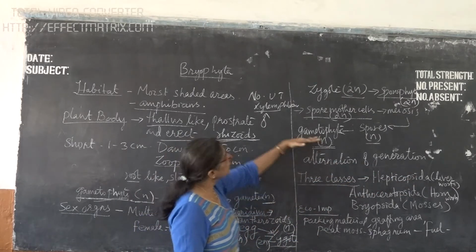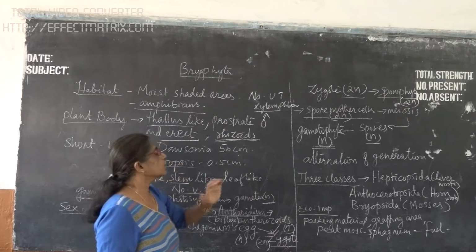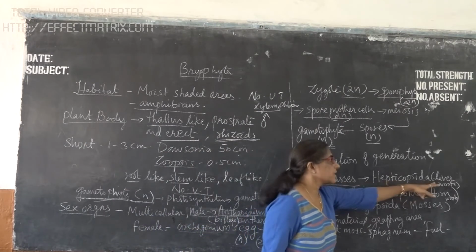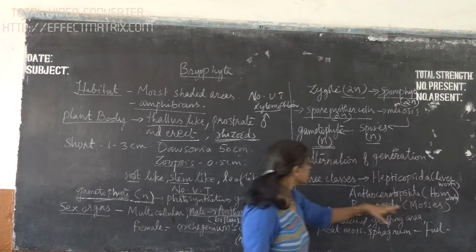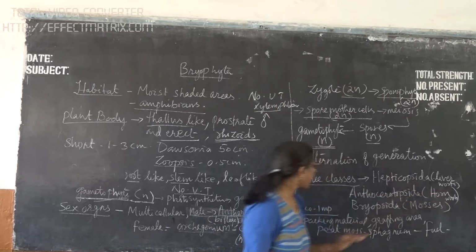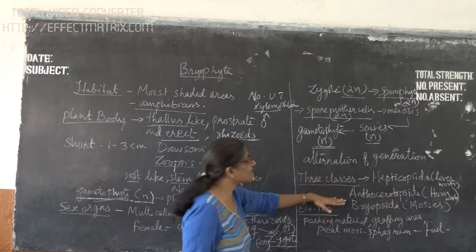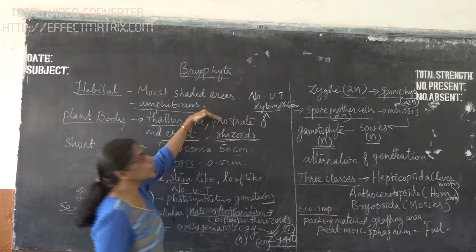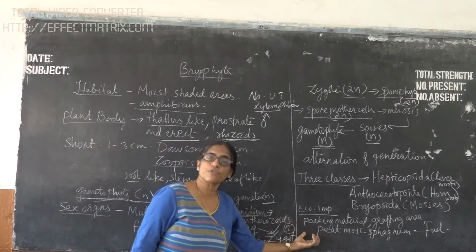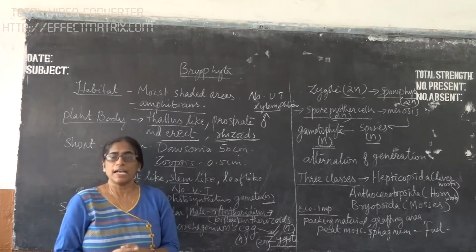The division Bryophyta includes three classes: Hepaticopsida includes liverworts, Anthocerotopsida includes hornworts, and Bryopsida includes mosses. These are the three classes coming under this division Bryophyta. Let us discuss some of the economic importance of this group.